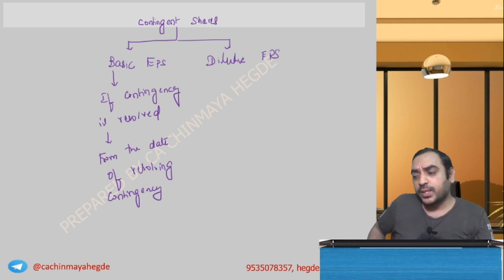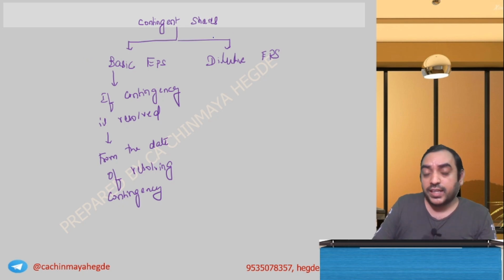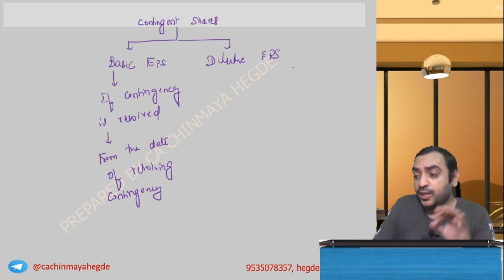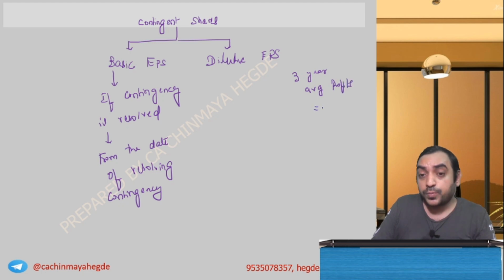For example, let's say the shares are issuable provided 3 years average profits happen to be 1 lakh. First year you made a profit of 20,000. Not satisfied. Second year you made a profit of 1 lakh 70,000.